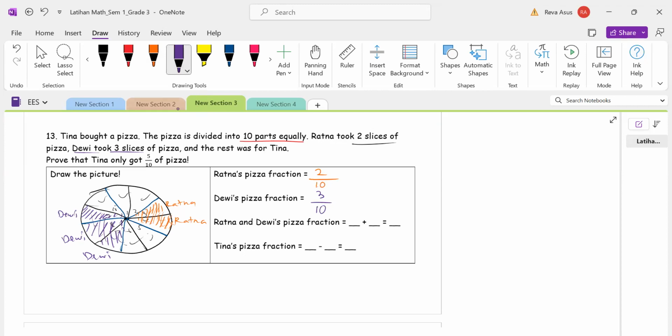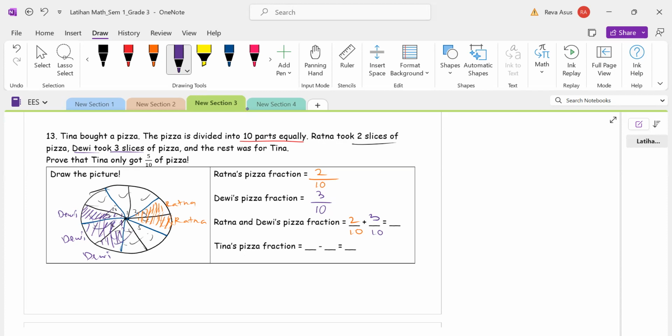And then Ratna and Dewi's pizza fraction, we have Ratna is 2 out of 10. Dewi has 3 out of 10. Look, 2 out of 10 plus 3 out of 10. It means they are in the same pizza.